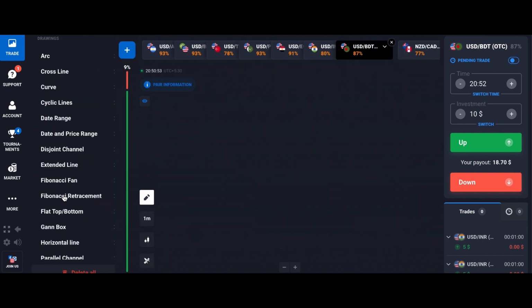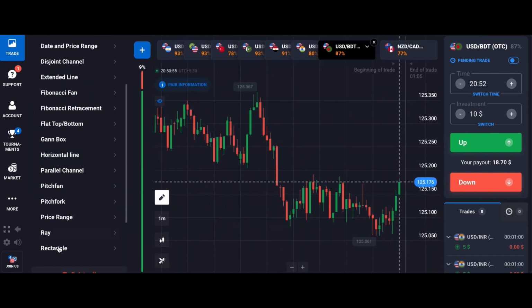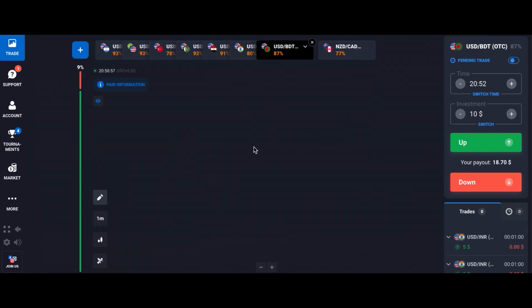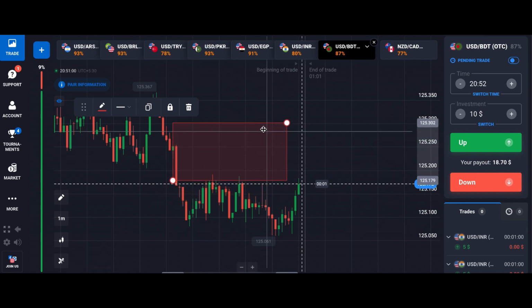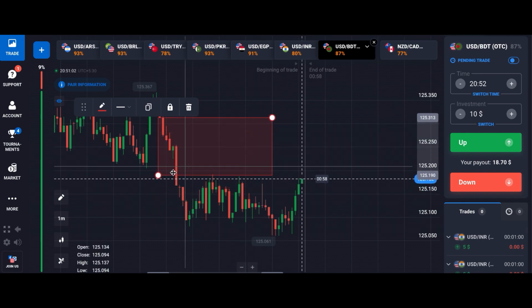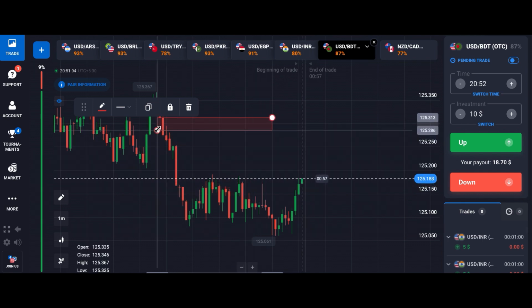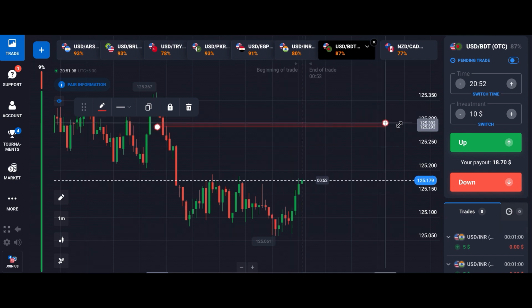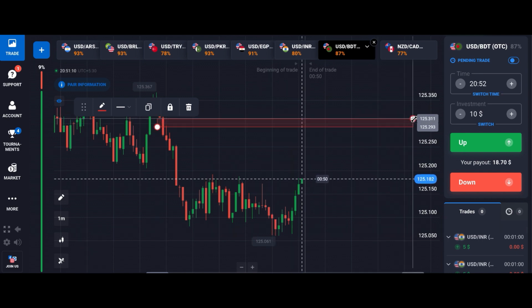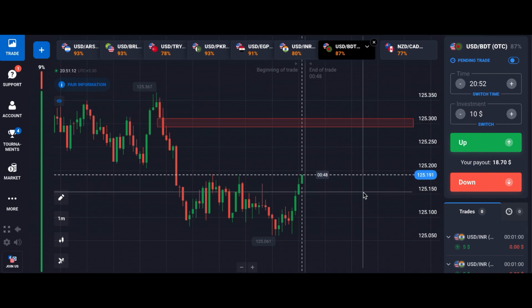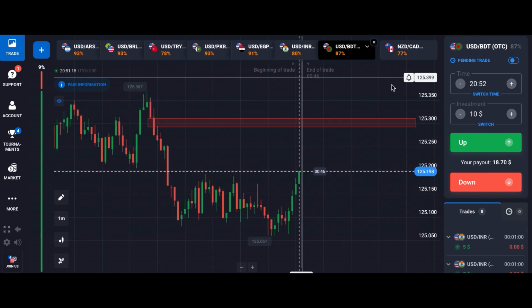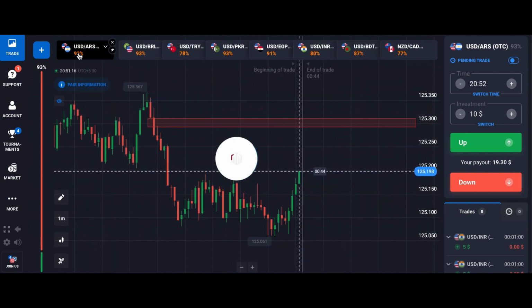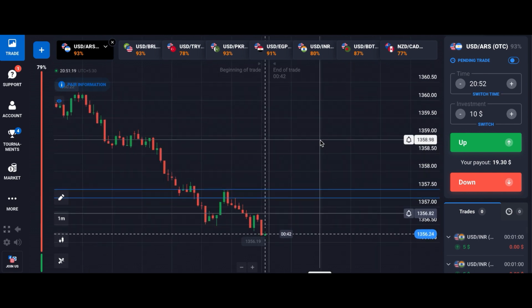Okay, if we draw a rectangle, so if the market reaches this level, then I will execute the trade because I have to recover my loss.